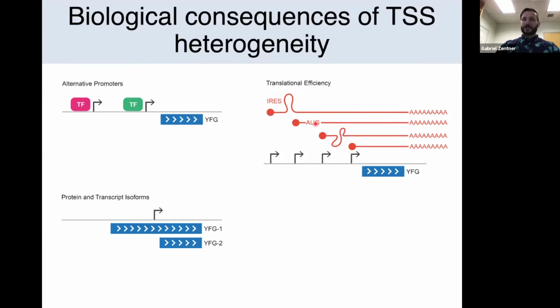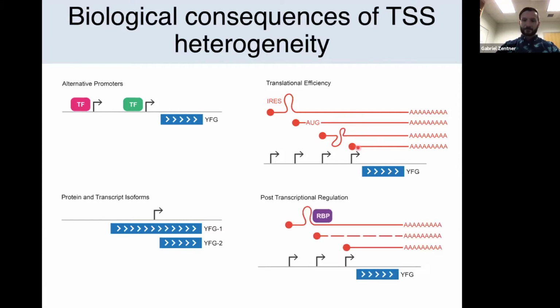You can have the inclusion or exclusion of upstream open reading frames or uORFs, which encode very short, usually less than 10 amino acid polypeptides that essentially act as sponges to prevent ribosomes from reaching the primary open reading frame for a given transcript. You can have inclusion or exclusion of secondary structures, and in some cases, you can just exclude all of these regulatory features to make a very short 5' UTR.